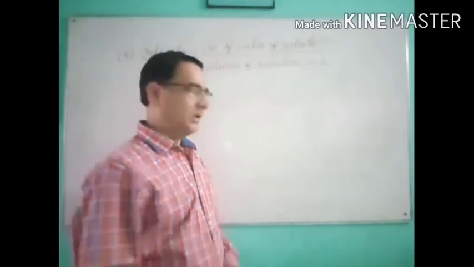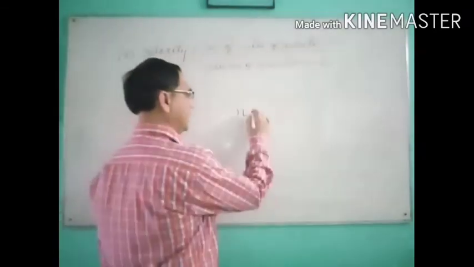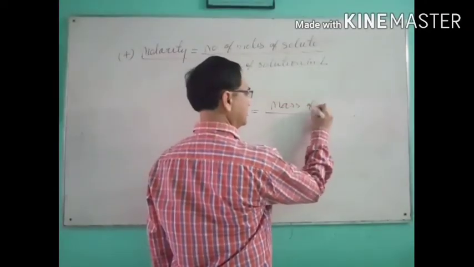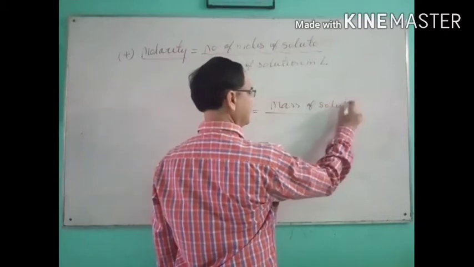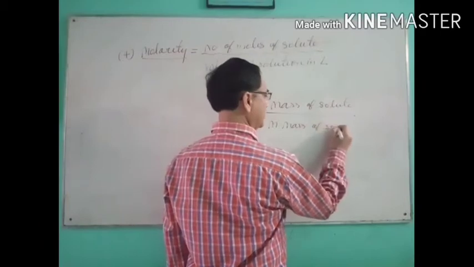And what is the formula of the number of moles? Number of moles, that is equal to n, and n is equal to mass of the solute upon molar mass of solute.